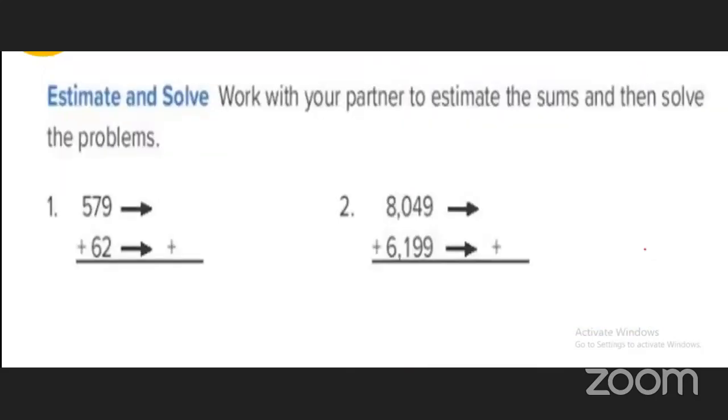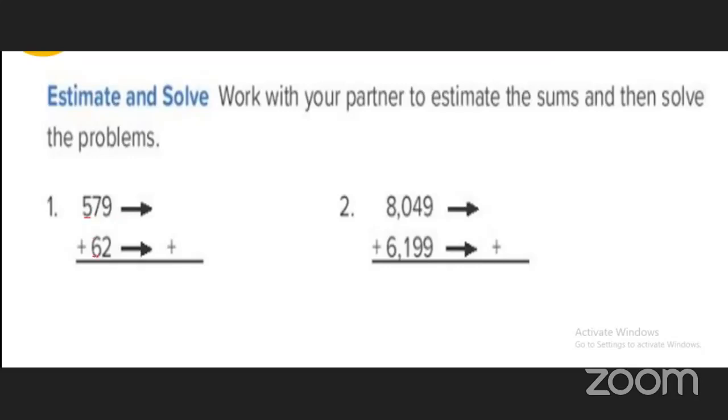Continue lesson 3, addition with regrouping. Estimate and solve. Work with your partner, as friend, as mom, as dad, as sister, as brother, to estimate the sum and then solve the problem. Make estimation by rounding. So we are looking at the largest place value.